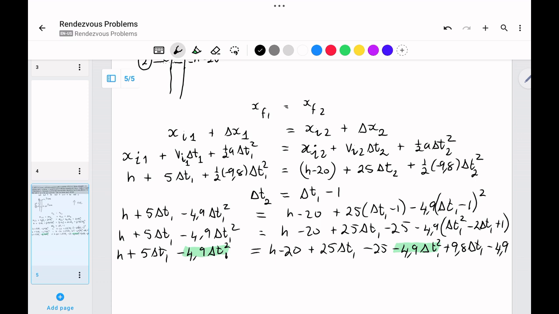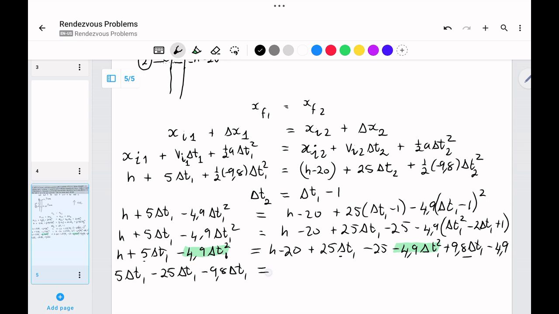So I see a 5 delta t 1. I'm going to leave that on the left. The next term in delta t1 is this 25. It's positive on the right, so negative on the left. And then I see this term over here, positive 9.8 delta t1 on the right, negative on the left.